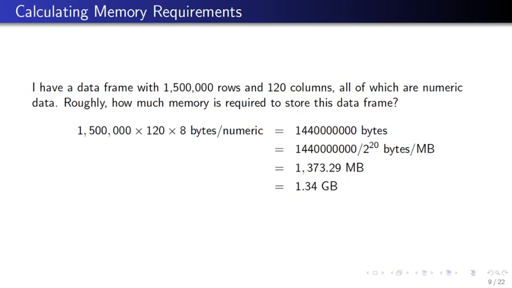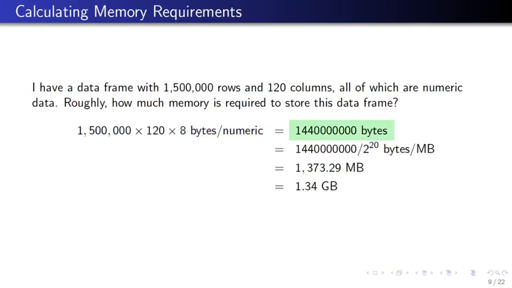I can do a simple calculation. The number of elements in this data frame is going to be 1.5 million times 120, because it's a square object. If all the data are numeric, then each number requires 8 bytes of memory to store, because the numbers are stored using 64 bits, and there are 8 bits per byte. So here's the number of bytes.